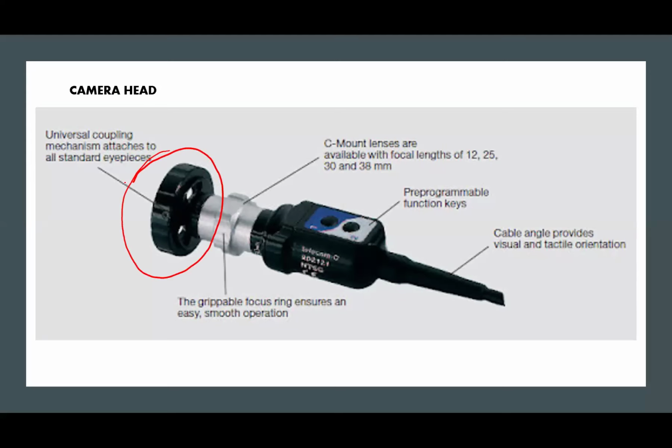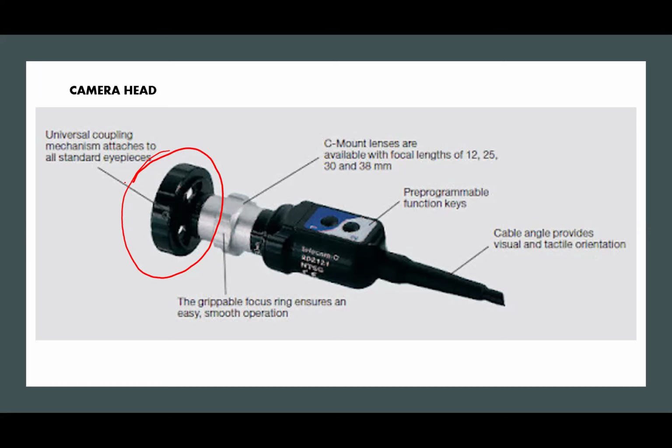It is called a universal coupling mechanism because irrespective of the diameter of the telescope, it fits into this coupling mechanism, the head, okay? Because it is the diameter that varies, but the standard eyepiece remains the same. Whether you are using a 3 millimeter, it couples into the head of the camera, okay?